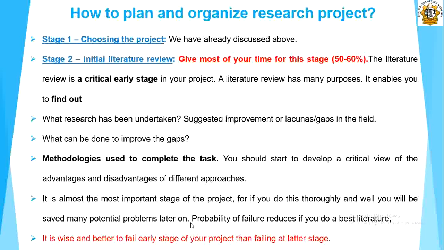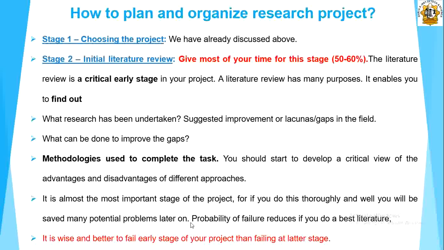You should start to develop a critical view of the advantages and disadvantages of different approaches. If you have more than two approaches to complete the project, you choose the best one. It is almost the most important stage of the project. If you do this thoroughly and well, you will be saved many potential problems later on.